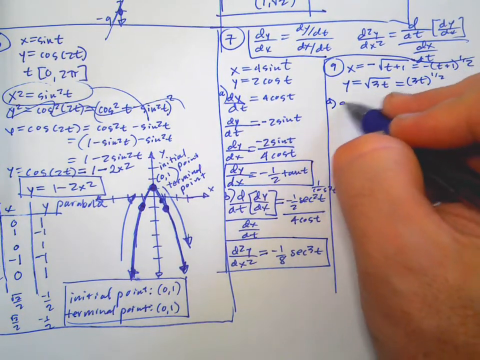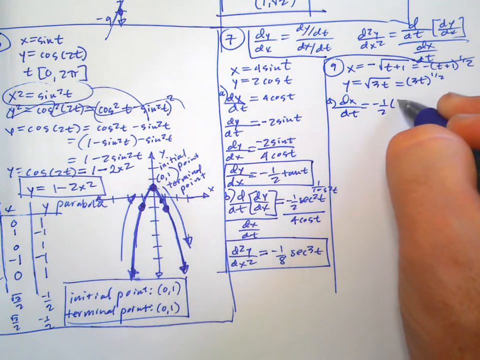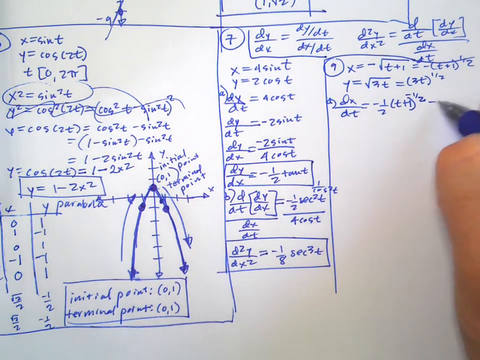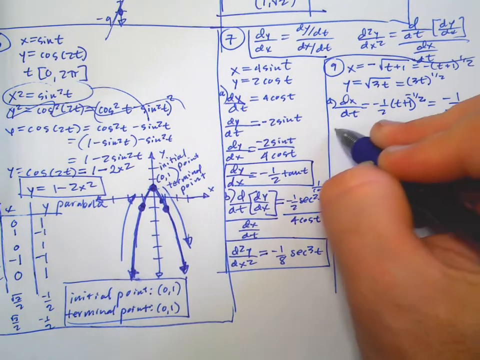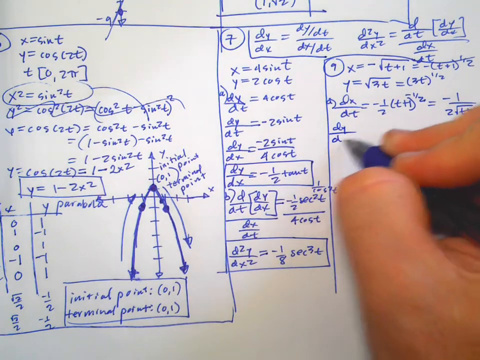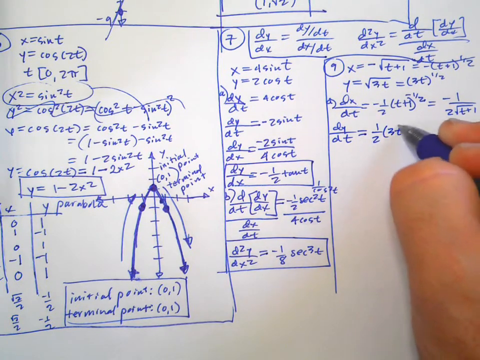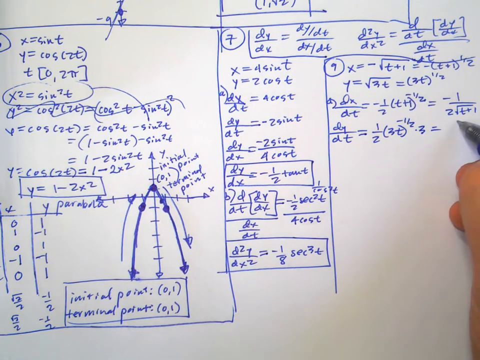So dx/dt is negative 1/2 (t plus 1) to the negative 1/2. Write it as negative 1 over 2 square root of t plus 1. dy/dt is going to be 1/2 (3t) to the negative 1/2 times 3, chain rule. It's going to be 3 over 2 square root of 3t.